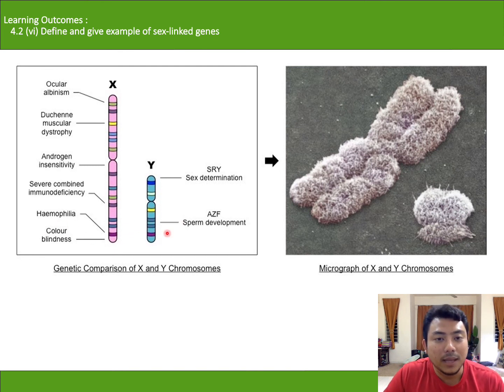But a female can be a carrier. Carrier means being heterozygous. So she can have hemophilia on one X chromosome, and not on the other X chromosome, and she is normal. She is not a hemophiliac patient, only a carrier. Same goes for color blindness.